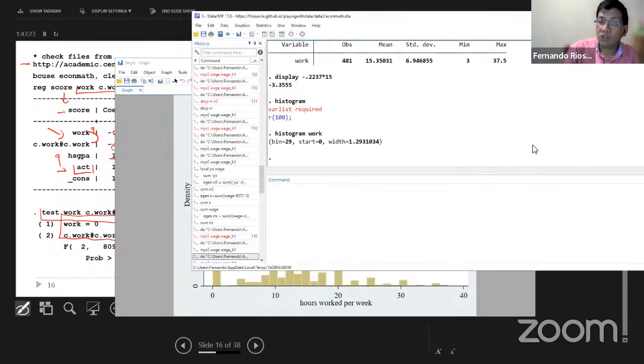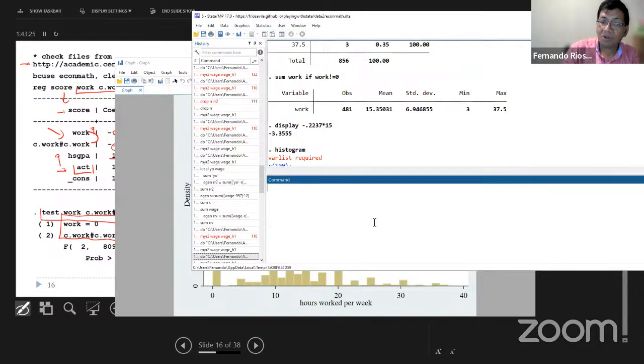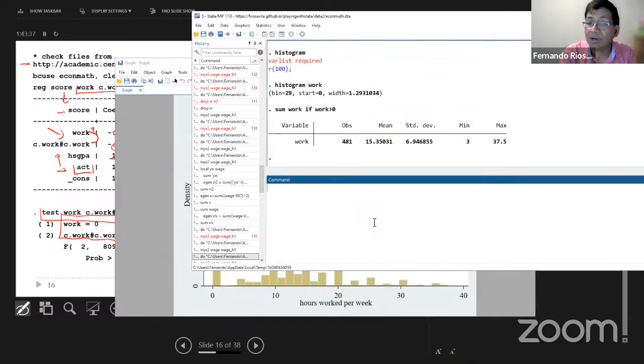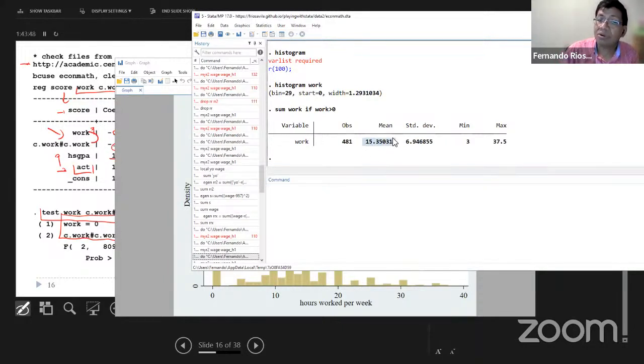So if I want to measure the impact of hours of work, something that I believe to be better would be to estimate how many hours people work when they are working. That's why I do this. So this is the number of hours on average that people who are working work. They work between 3 to 37 hours per week, but on average, they work 15 hours. That's why I was doing that.